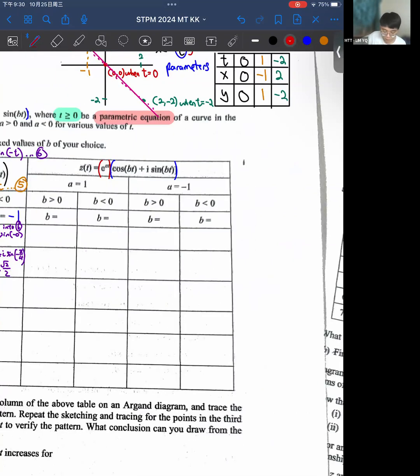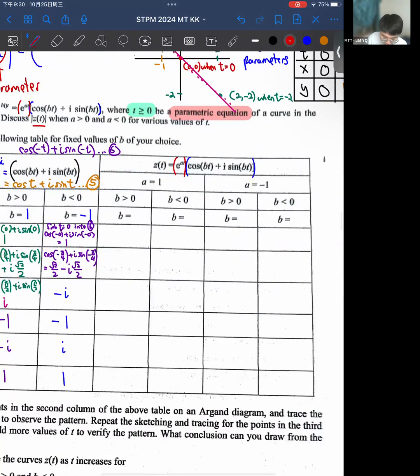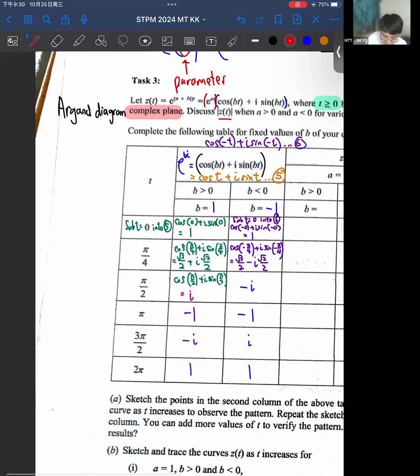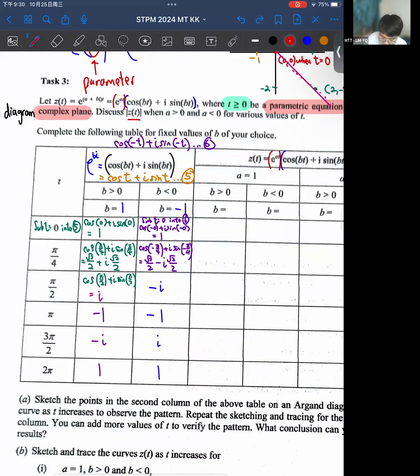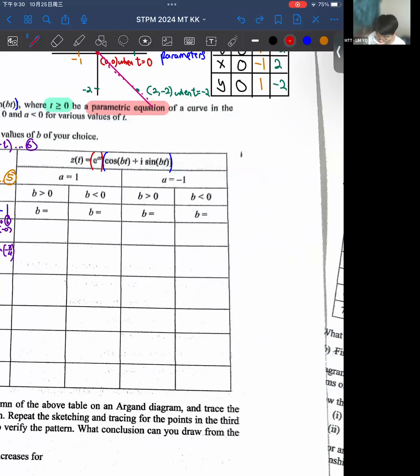Now maybe you can put your e^(at) value maybe here, or maybe the last part also can. Just as extra, because you want to know what is your value when a equal to 1 and when a equal to -1.